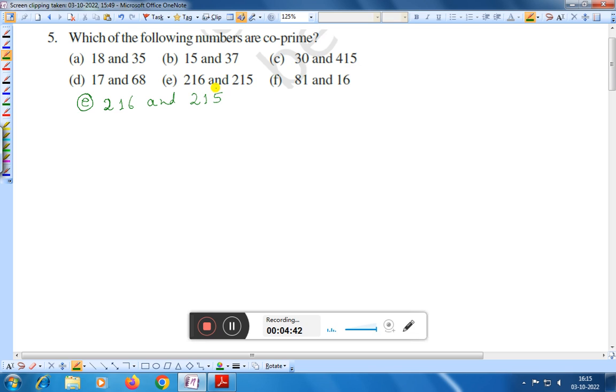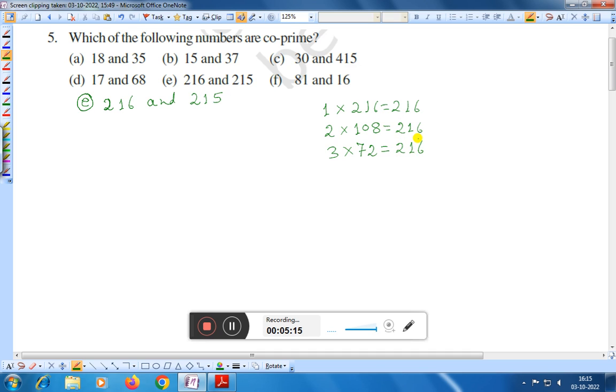We'll find the factors of 216. That is 1 into 216 is equal to 216, 2 into 108 is equal to 216, 3 into 72 is 216.